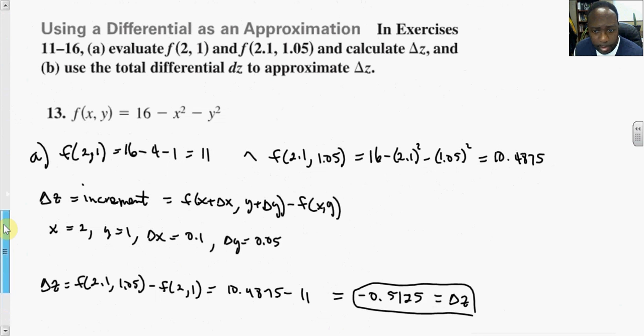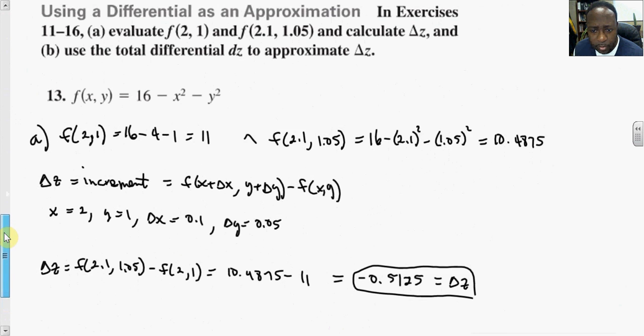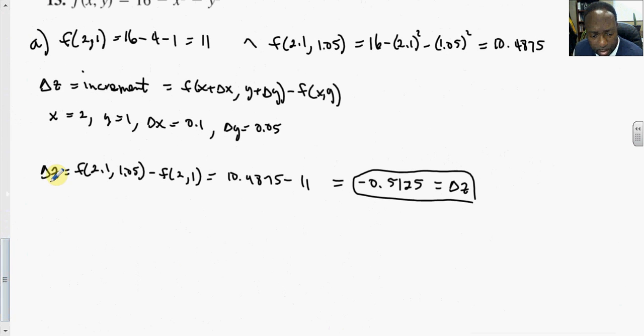Now for part B, it says find the total differential and use that to approximate, to compare with the increment.